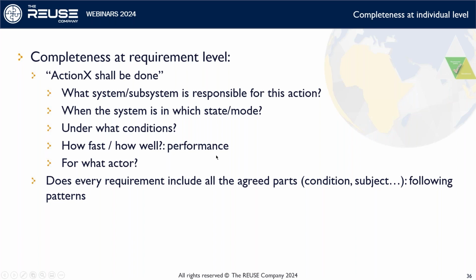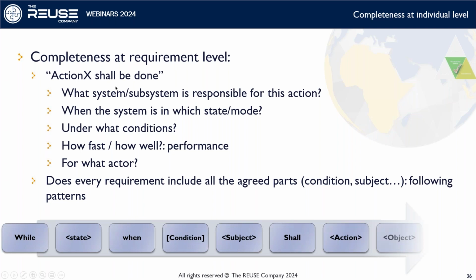How fast? How well? Performance, time constraint, etc. And for what actor? So interface with the surrounding environment. In that case, action X shall be done. We're missing what action, what system. So what action is action X, but what system is performing the action? What conditions? When? Until when? So this is a very incomplete structure.